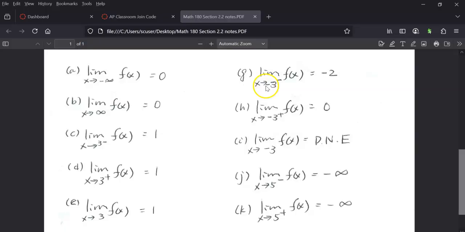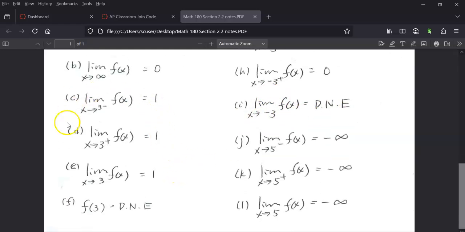From below it approaches negative 2, but from above it approaches 0. Since they are not the same number, we say in general the limit as x approaches negative 3 does not exist. Let's review the last one, these three right here. Since they both approach 1, the limit at 3 is 1, versus at negative 3 the limit does not exist.